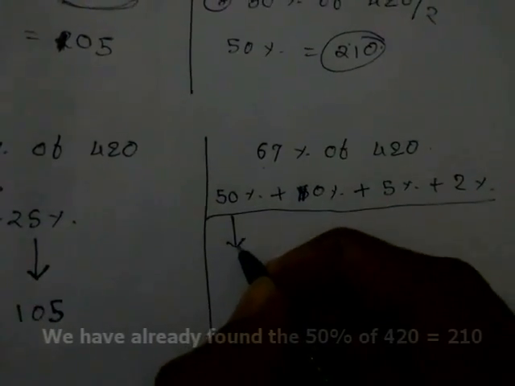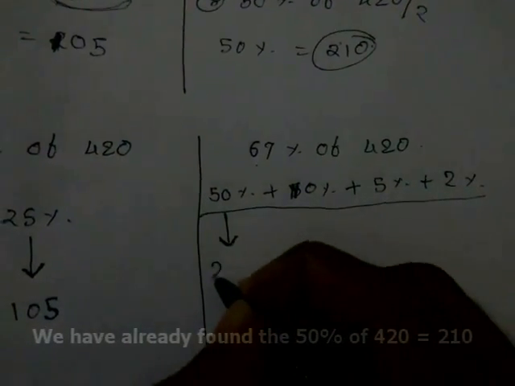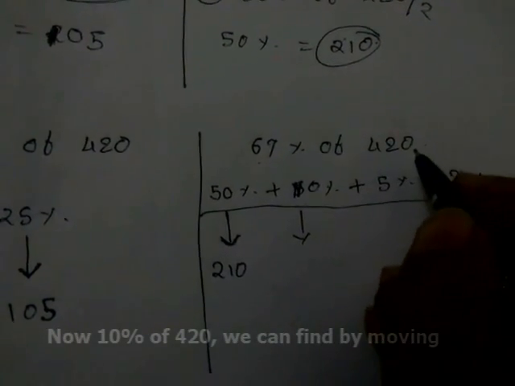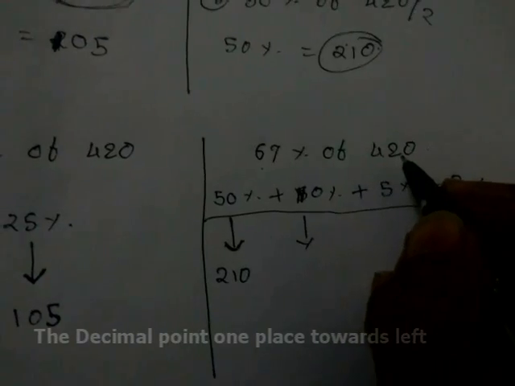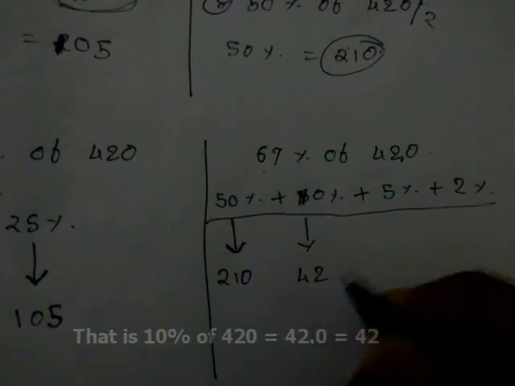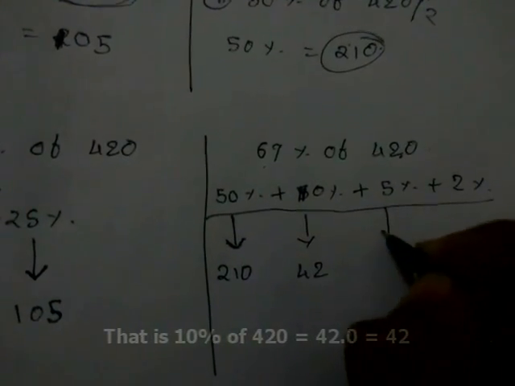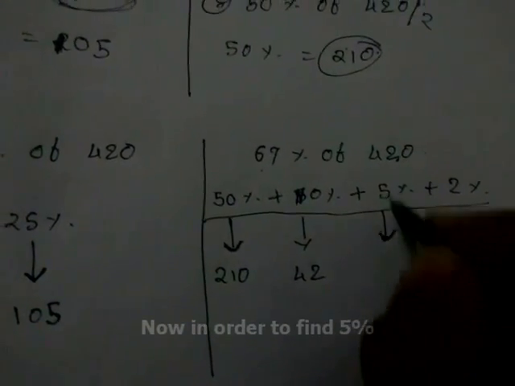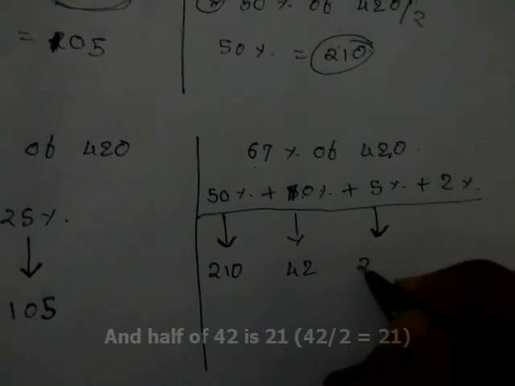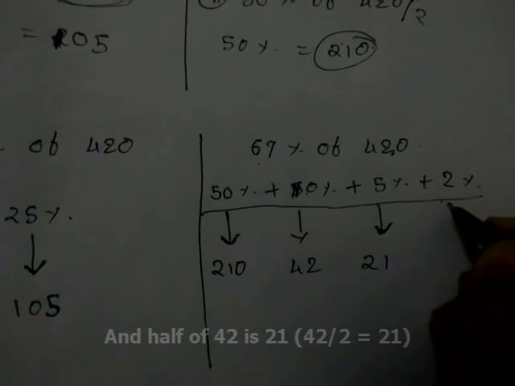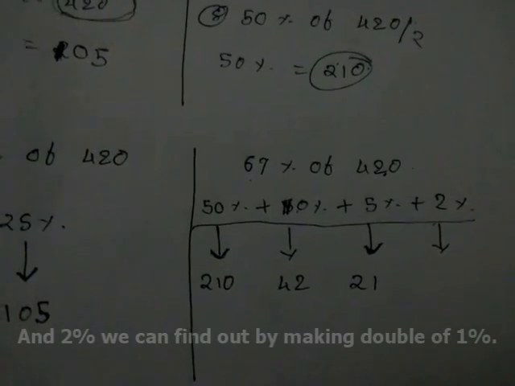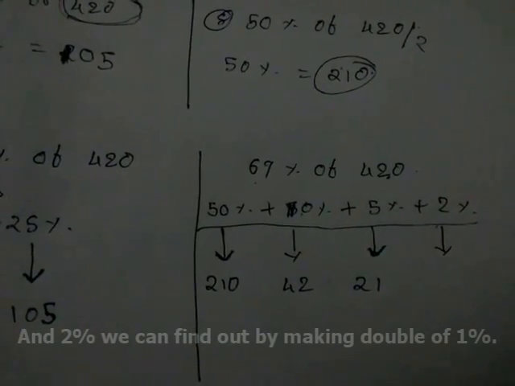So we have already found the 50% of 420 is 210. Now 10% of 420 we can find by moving the decimal point one place towards left, that is 42. Now in order to find 5%, 5% is half of 10% and half of 42 is 21, and 2% we can find out by making double of 1%.